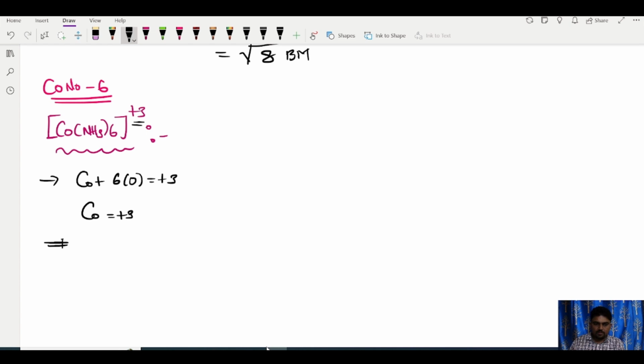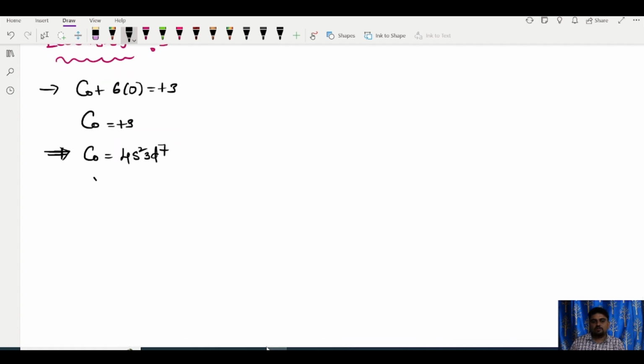Next we are going to see the electronic configuration. Cobalt has 4s2 3d7 electronic configuration. For cobalt plus 3, you have to remove 3 electrons. 2 electrons you remove from 4s since it is the valence shell, the 4th shell. Next, from 3d you remove 1 electron. So 4s0 and 3d6. Next we write these electrons into orbitals.